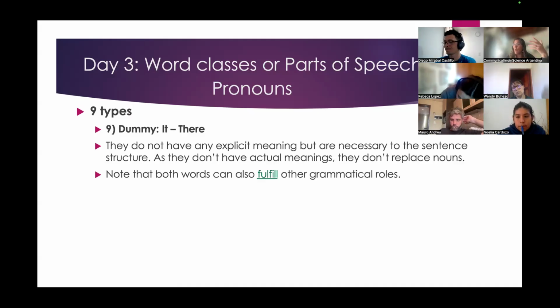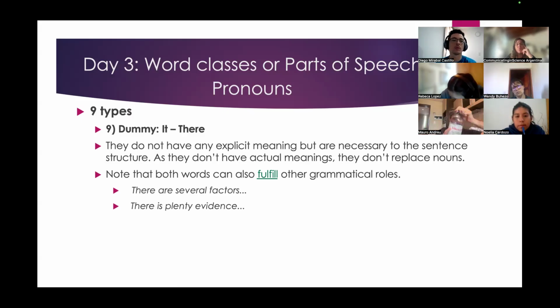Note that they can have other grammatical roles. And here we have some examples. There are several factors. There is plenty of evidence. It is important to point out. Notice this, with there, I can have there are or there is, depending on what comes after. In this case, several factors, it's a plural noun.